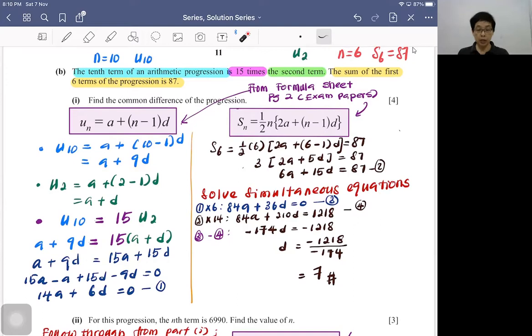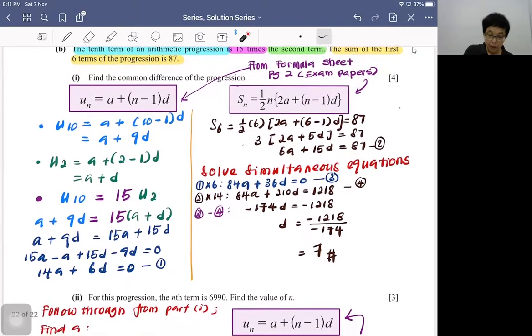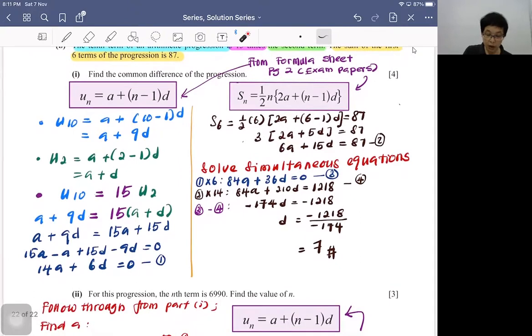Then you proceed to the phrase on the second term. Work out the second term in terms of a and d. So a plus 2 minus 1. Why is that 2? Yes, because for second, n equals 2. Then you get the second term as a plus d. You've got the 10th term, you've got the second term.